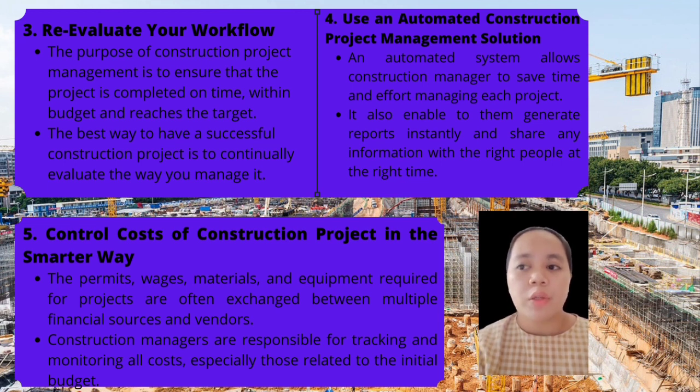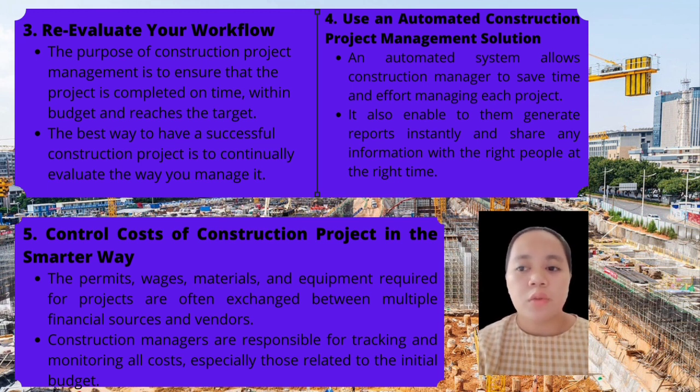Number 4 is use an automated construction project management solution. An automated system allows construction managers to save time and effort managing each project. It also enables them to generate reports instantly and share any information with the right people at the right time.